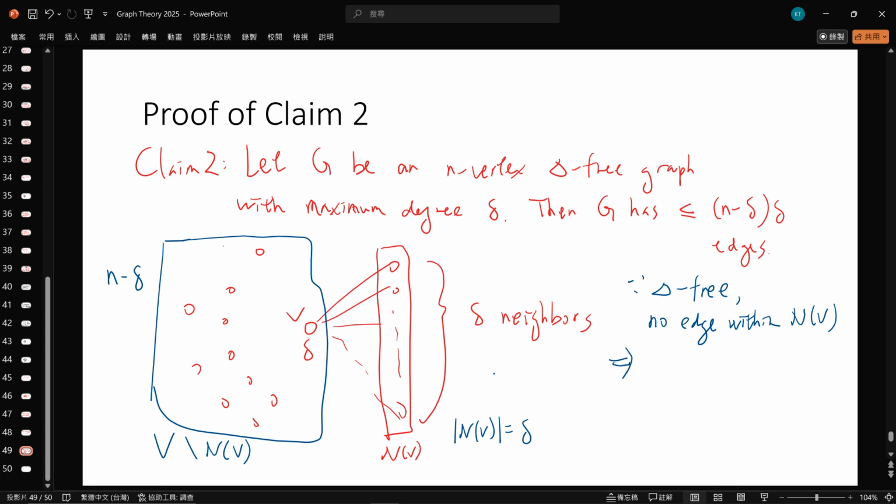So if there's no edge within this n of v, this will imply that every edge is incident to some vertex in this blue set. Okay.